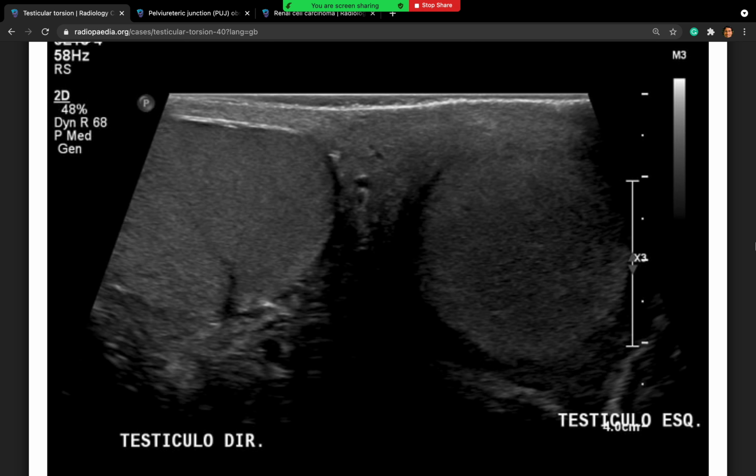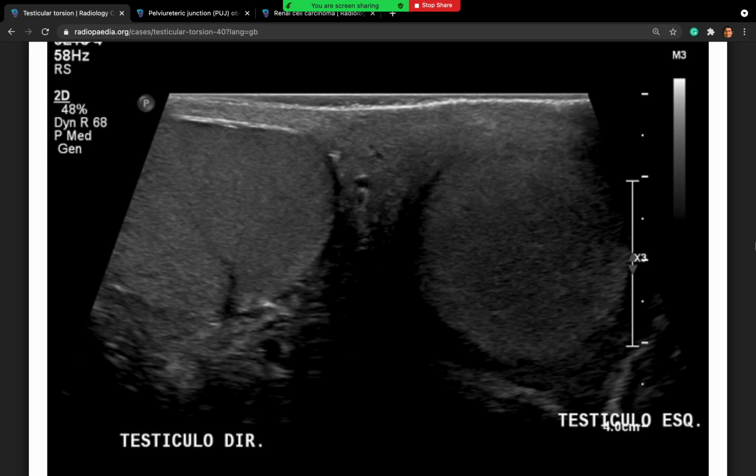Okay, how does the Doppler work? The basis of Doppler is that it differentiates between the flow of blood or fluid towards the probe or away from the probe. If there is flow towards the probe, then that would appear as blue or violet on the Doppler ultrasound.